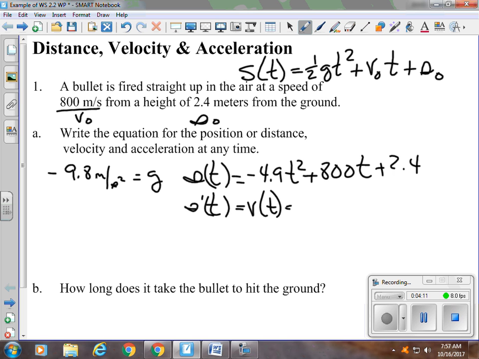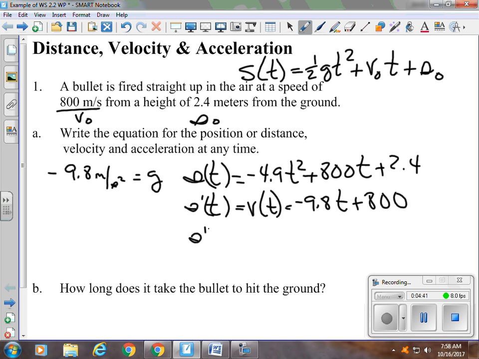So if I put the 2 in front, that gives me negative 9.8 t plus 800. And what this shows me is that gravity in front of t, showing me what it's changing by, is decreasing, and that I started with a speed of 800. So there's actually a formula for that. Velocity is always gravity in front of t plus v sub 0.